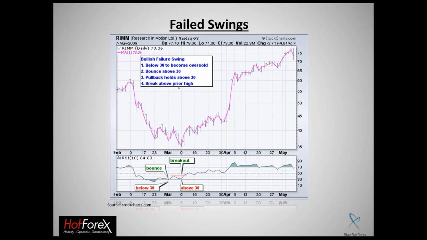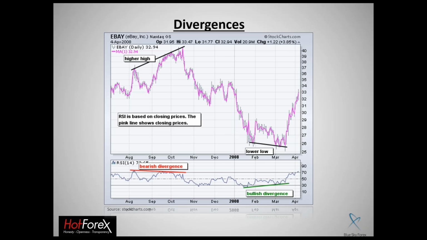The easiest to identify out of these three methods, well, obviously you will see the midline crossovers the most, because it is happening all the time. But the most effective way, to me at least, and the most efficient way that you can identify the easiest and find a lot of opportunities is the divergence between the price and the RSI.